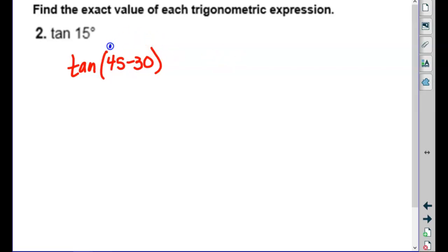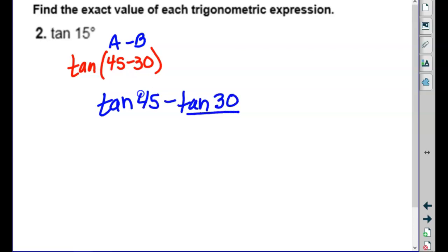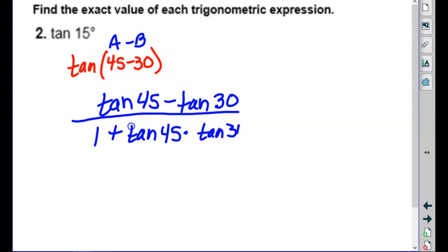Okay, tangent of A minus B is tan A. What's A, guys? Minus tan B, which is all over 1 plus tangent of 45 times tangent of 30. Now we have to put in values.